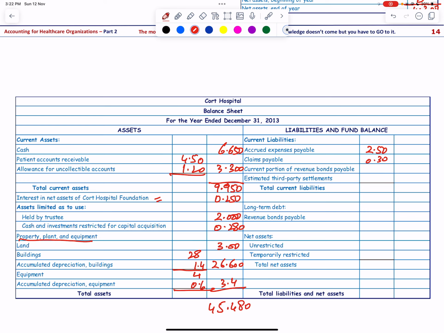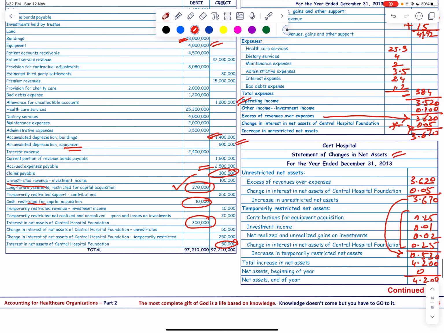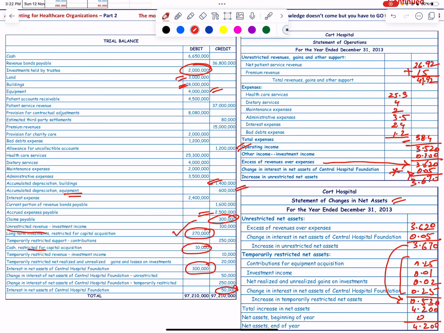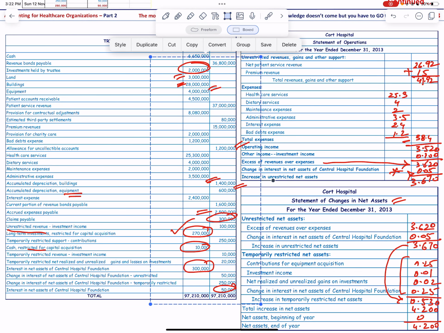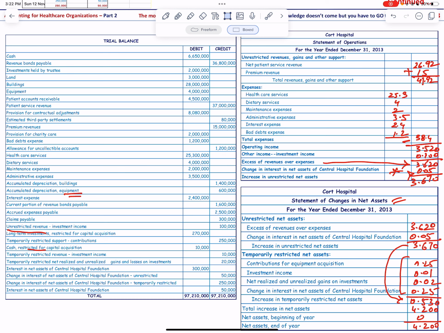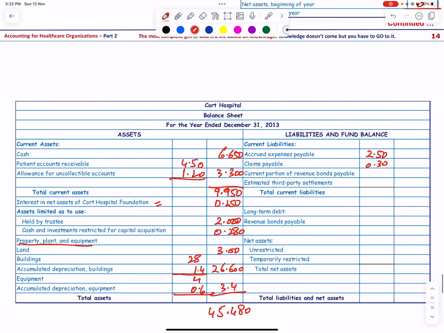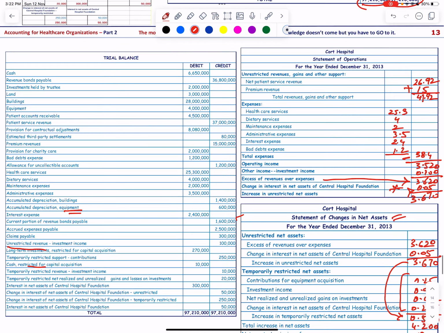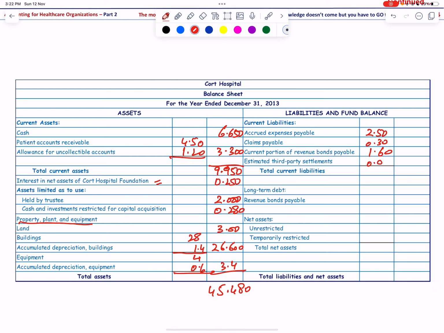Then we have current portion of revenue bond payable, and revenue bond payable is 1.6 million. And then we have estimated third party settlement for 80,000. So the total current liabilities are 4,480,000.